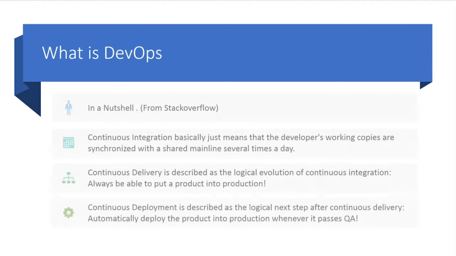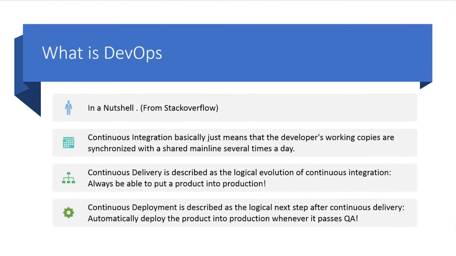Now, when it comes to comparing these terms, and again, I wanted to put a different meaning to this because I have found that no matter how you explain CI and CD, sometimes the definitions may not make sense to one audience to another.